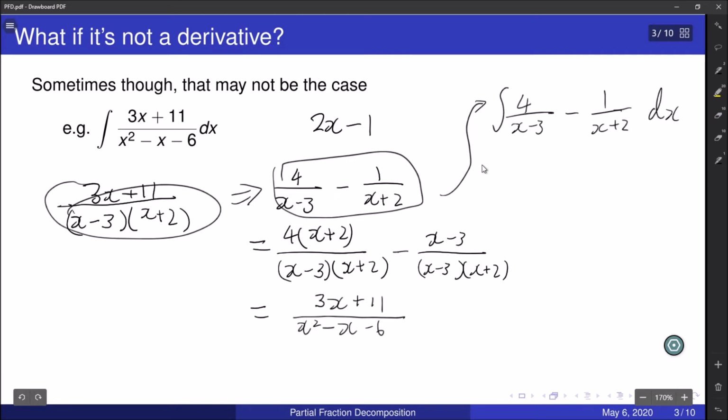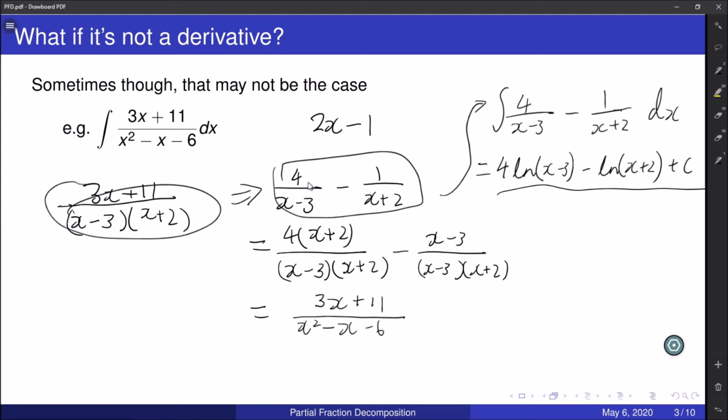And it's pretty straightforward because we know this is 4 and the derivative of x minus 3 is 1, so it's 4 log of x minus 3 minus log of x plus 2, and then plus c. So if we can do this, then it's much simpler to integrate these rational functions.